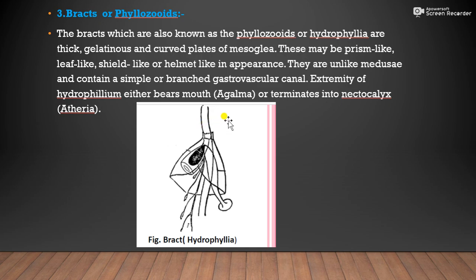They are unlike medusae and contain simple or branched gastrovascular canals. The extremity of the hydrophyllum either bears a mouth, as in Agalma, or terminates into a nectocalyx, as in Athoria.